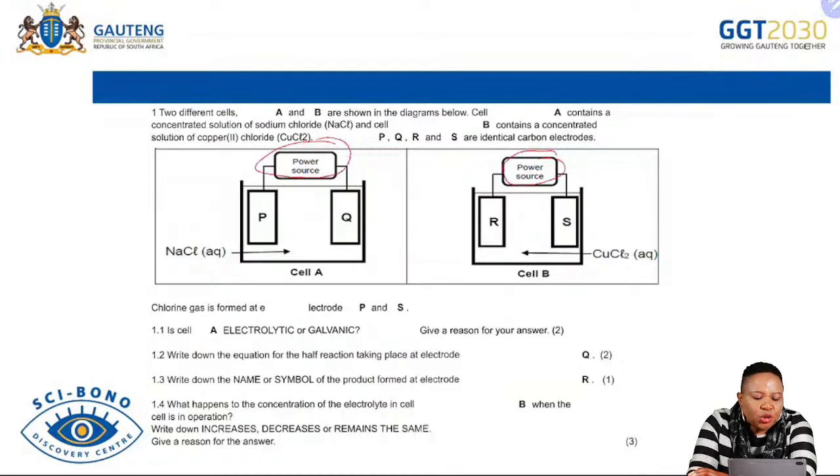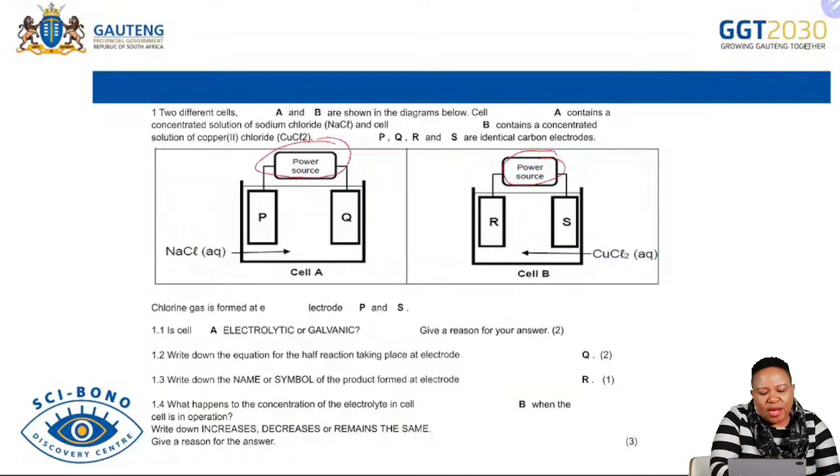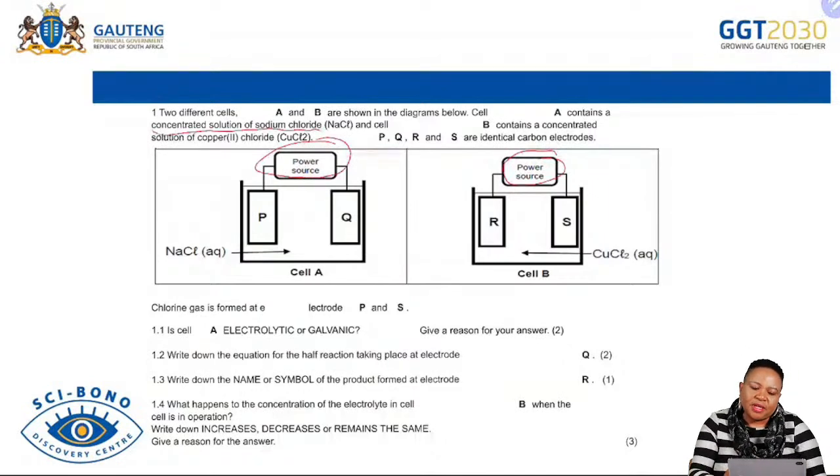Here they are saying two different cells, A and B, are shown in the diagram below. Cell A contains concentrated sodium chloride. Now, what do you know about the electrolysis of concentrated sodium chloride?